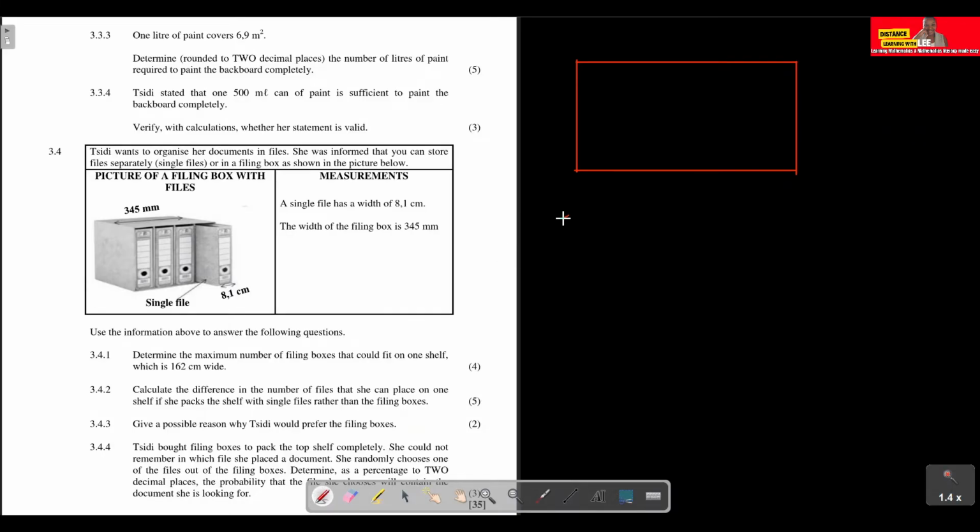Let's not be fast. Okay, so remember, we've already calculated the area of this backboard, right?